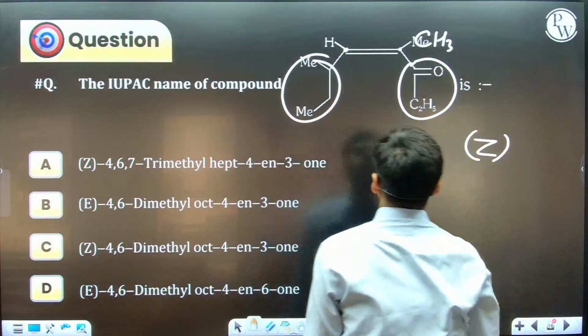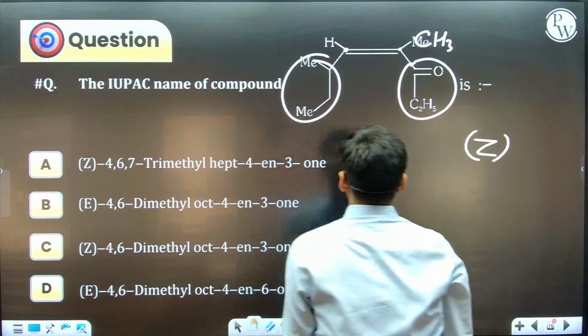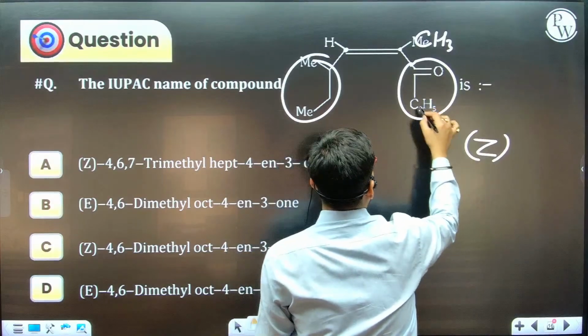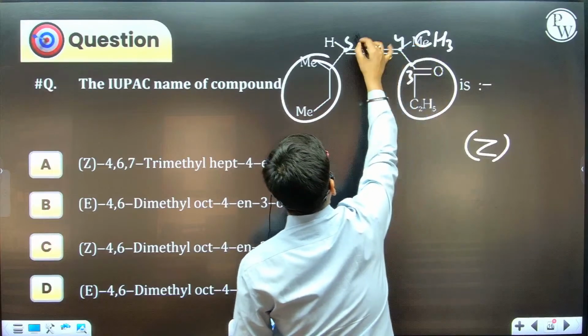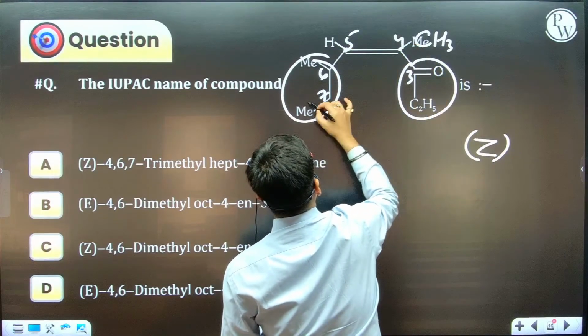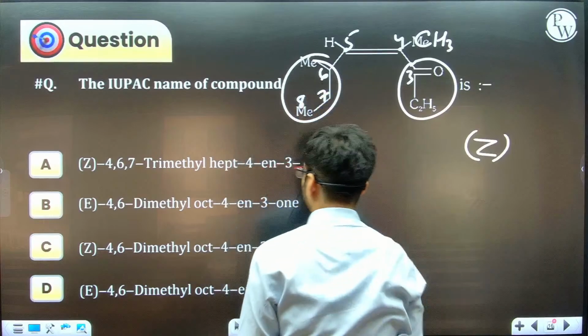So let's see now the position of the ketone. C2H5 is nothing but CH2. CH2 is 1, 2, 3, 4, 5, 6, 7, 8.